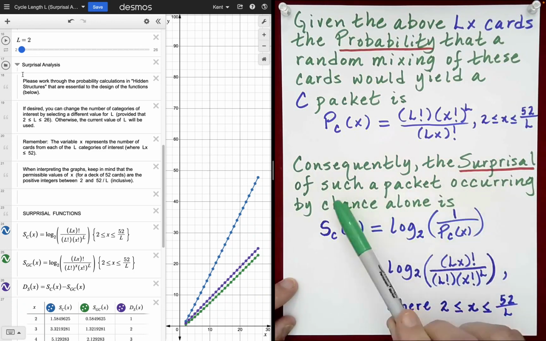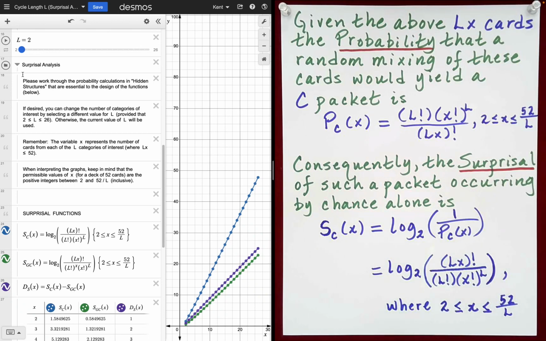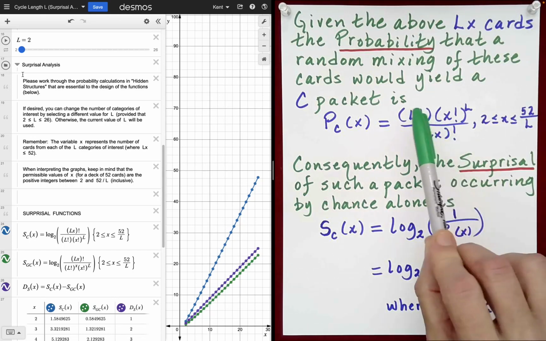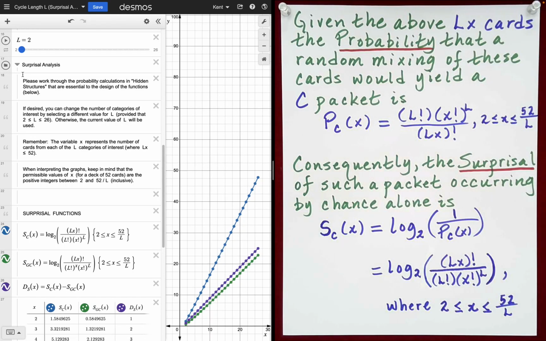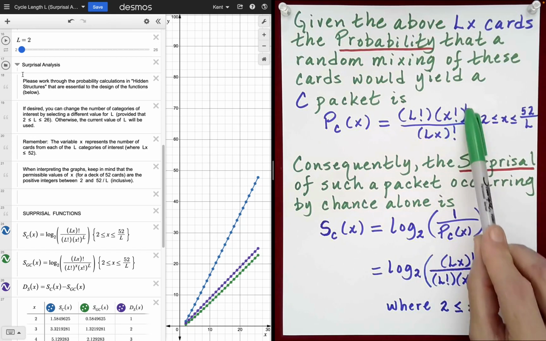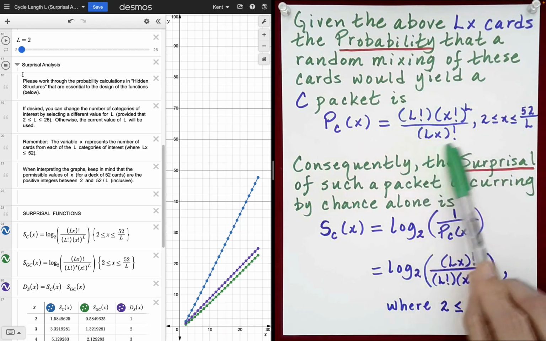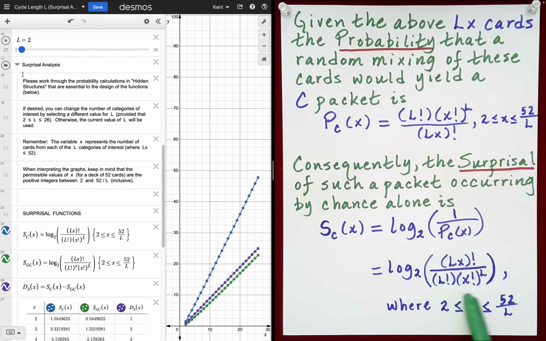The surprisal of such a packet occurring by chance alone is the following. It's log base 2 of 1 over the probability of obtaining this structure for the packet by chance alone, which is equal to log base 2 of this expression here reciprocated, which is what we've listed down here.